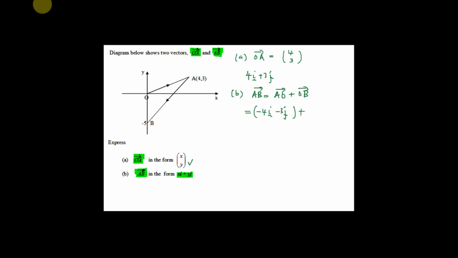So a lot of students make mistakes here. Your B coordinate is 0, negative 5. So your OB should be equal to 0i plus negative 5j, so should be negative 5j. So this equals negative 4i, negative 3 minus 5, you have negative 8j. So this is the answer for vector AB in terms of xi plus yj.